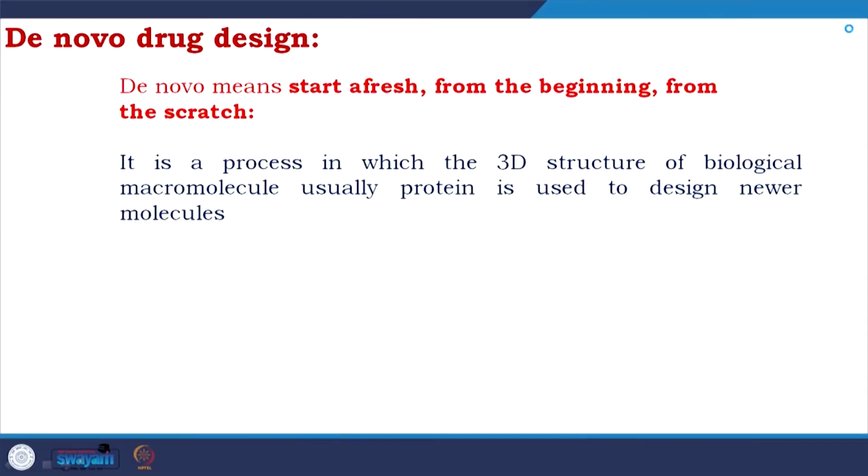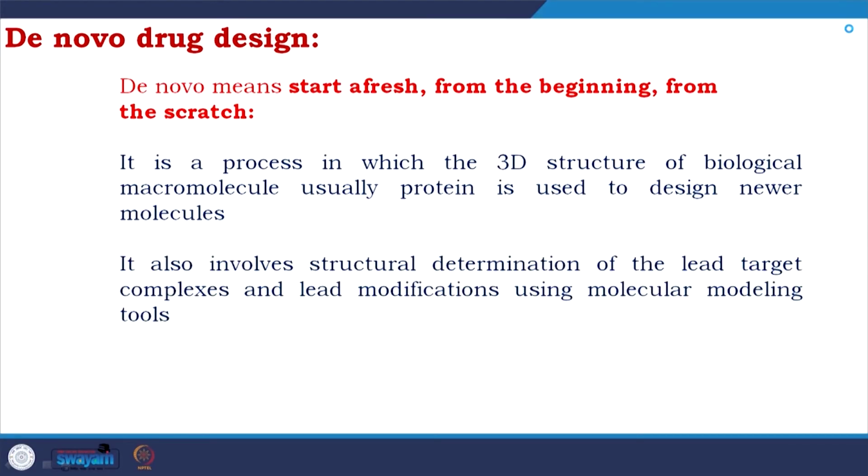It is a process in which the 3D structure of a biological macromolecule, usually a protein, is used to design newer molecules. So, de novo drug designing is from scratch from the side of the small molecule, but there must be the existence of the 3D structure of the biological target.